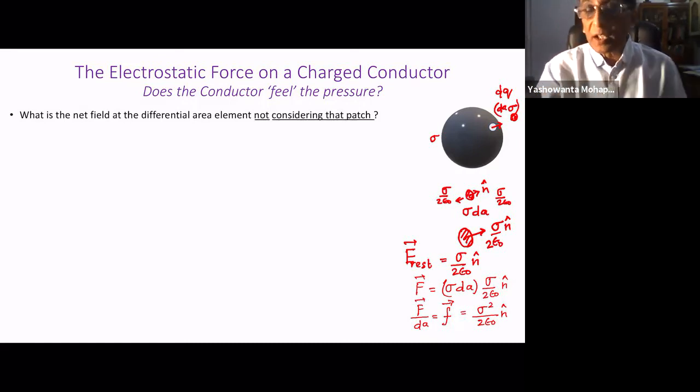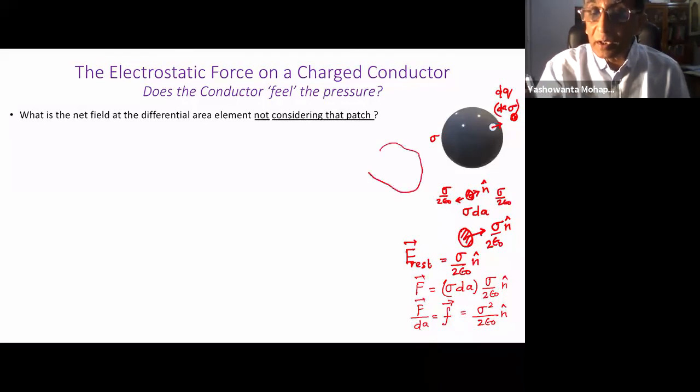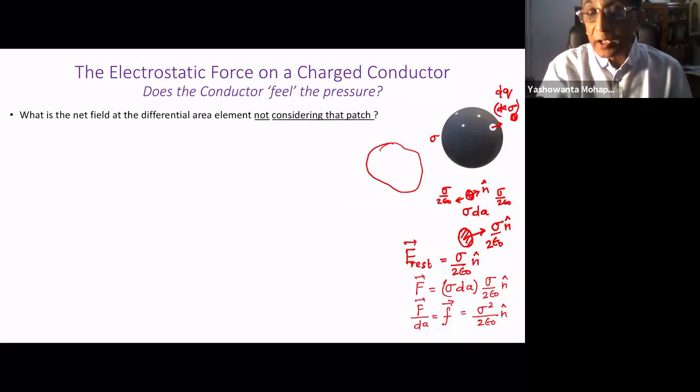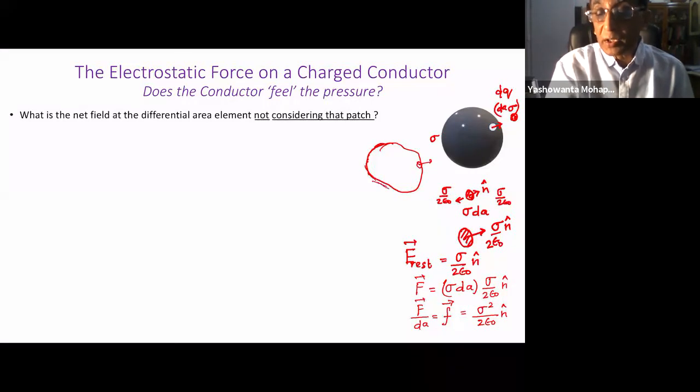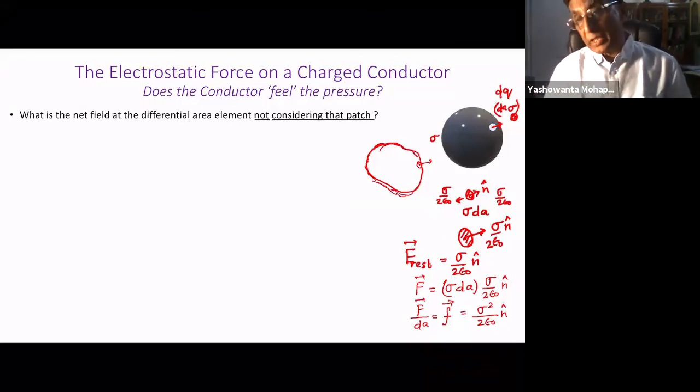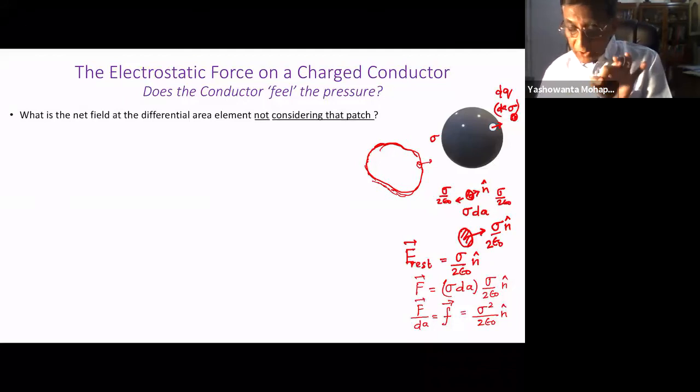It could be some arbitrary shape, and I could have taken this piece. All the charges on the surface would still contribute only sigma by 2 epsilon naught at that patch, because I'm very close to it, so it's like an infinite plane.